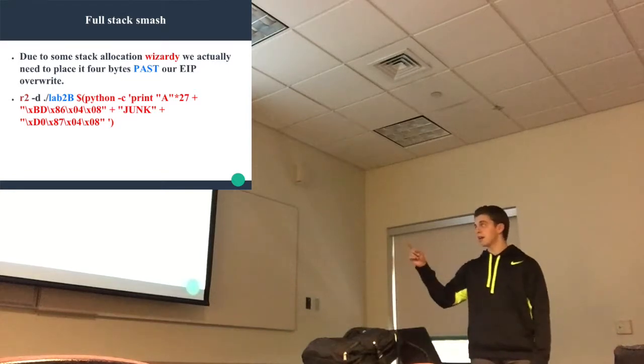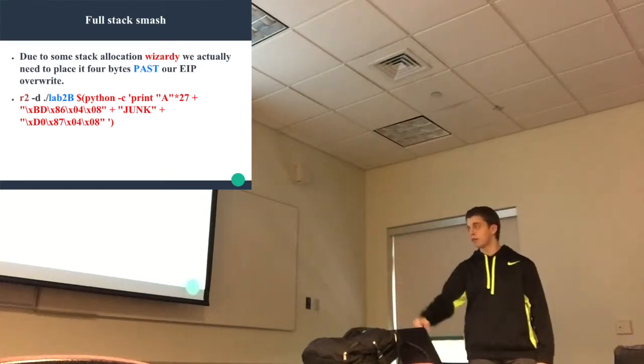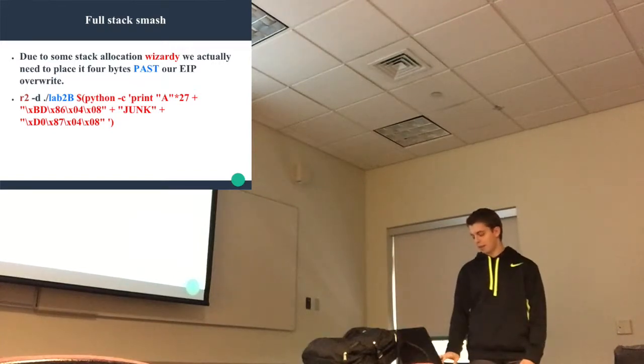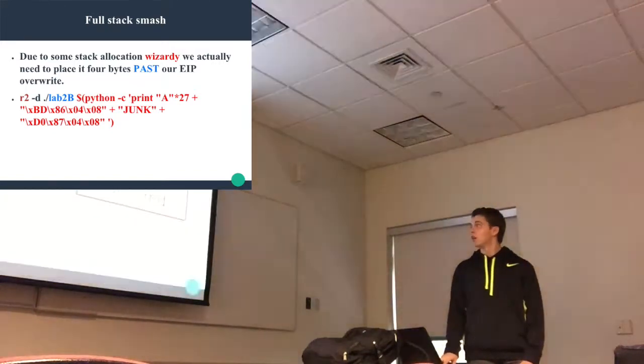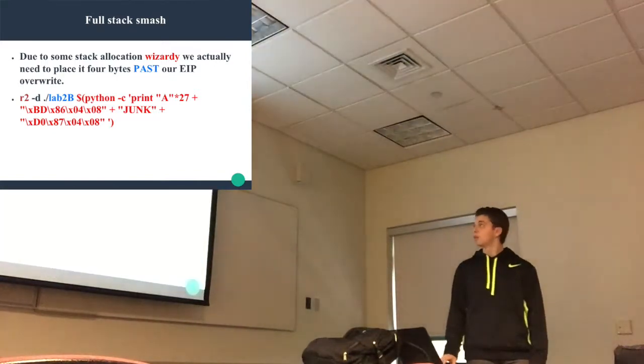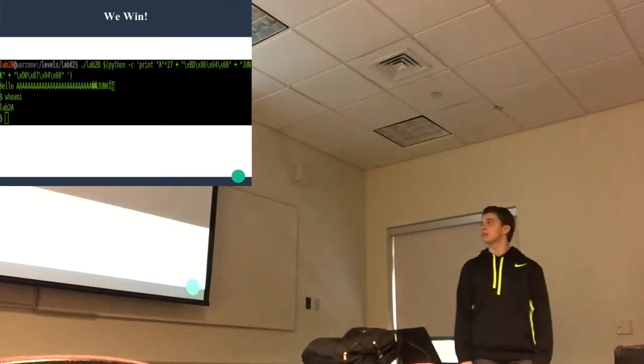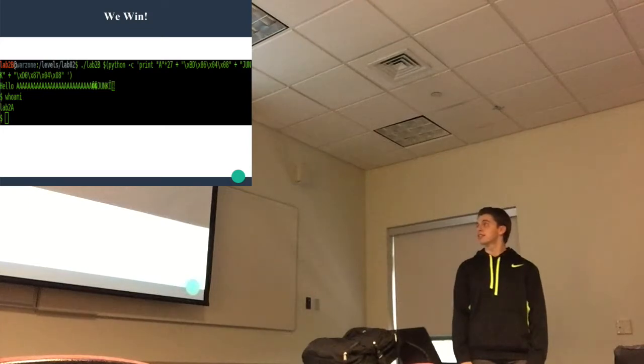We have 27 bytes before we write over the instruction pointer. We have the location of the function pointer for shell, and then we have a pointer to the string for bin sh. Awesome, we win. We did it. We smashed it.